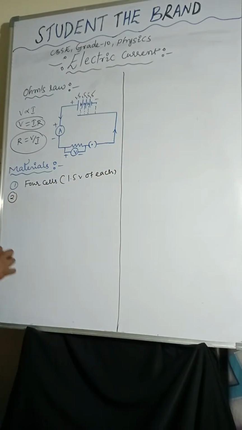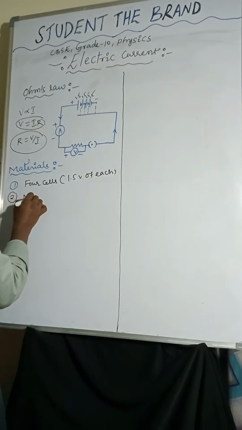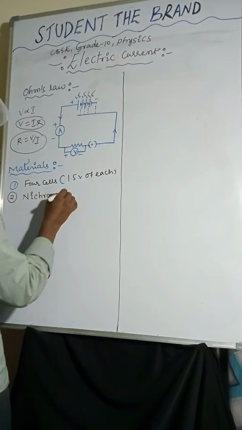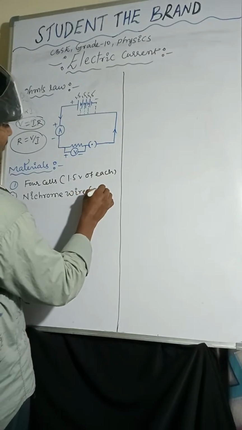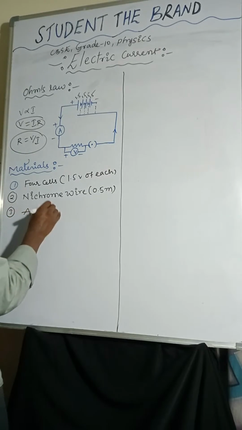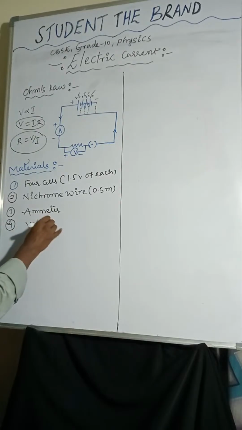Second one is a nichrome wire, an alloy, 0.5 meter length. Third one, ammeter. Fourth one, voltmeter.